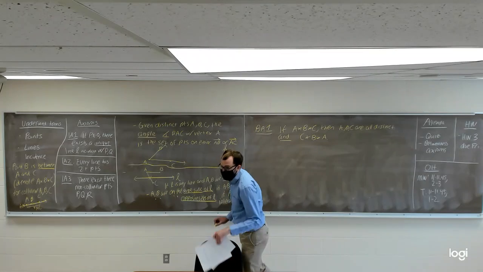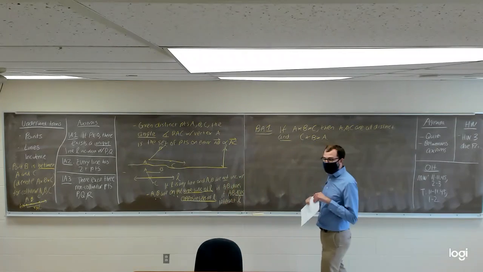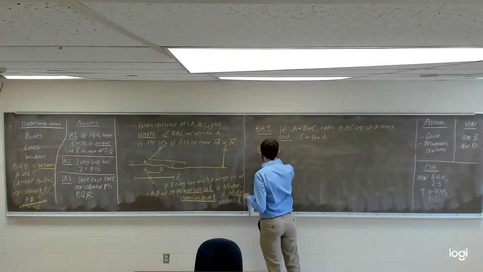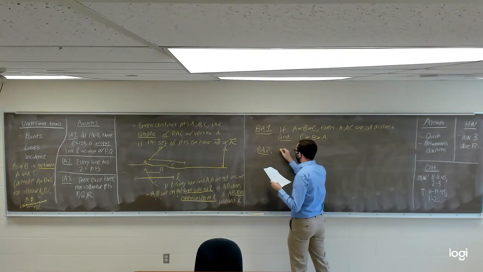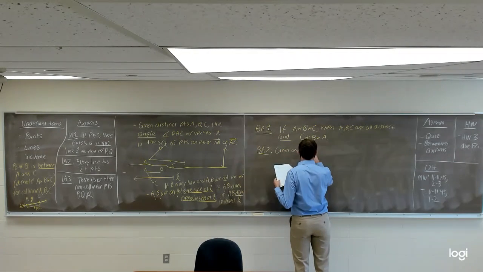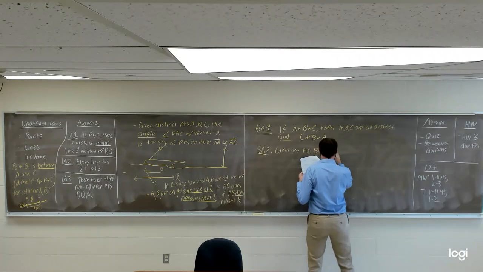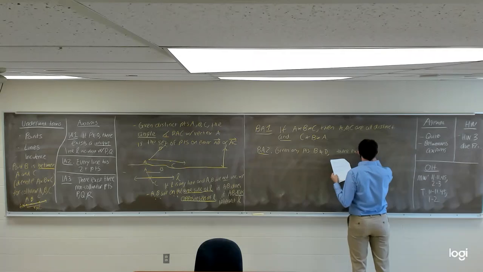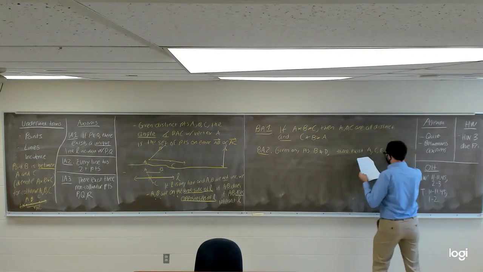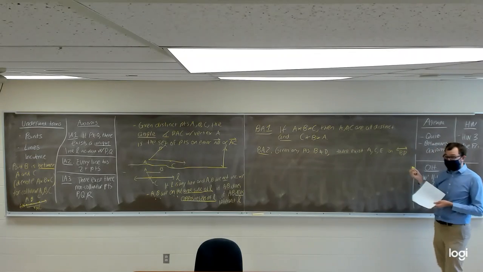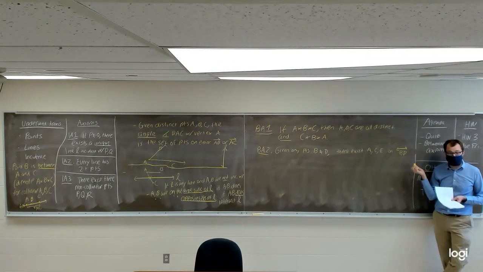So our second one, and this is going to be, Megan, with kind of what you said, but also saying a little bit more. Betweenness axiom 2 says, given any points B and D, B not equal to D, there exist points A, C, and E on the line passing through B and D. Again, we know there's exactly one line passing through B and D by incidence axiom 1.